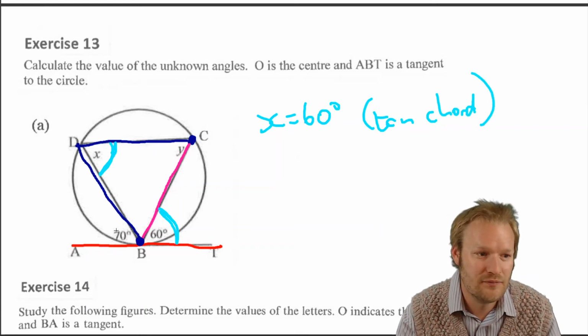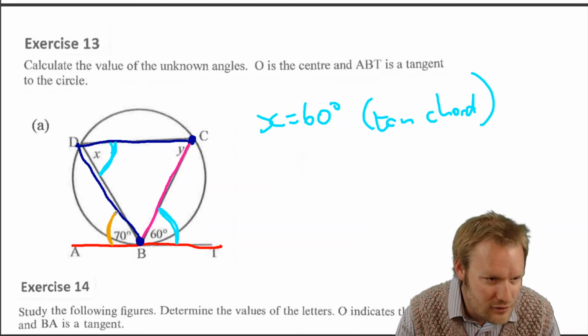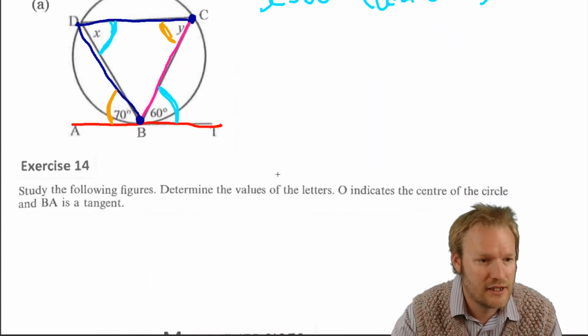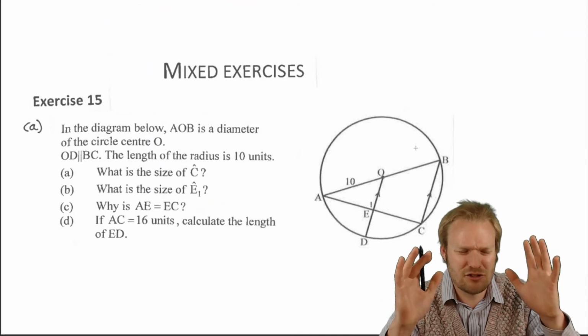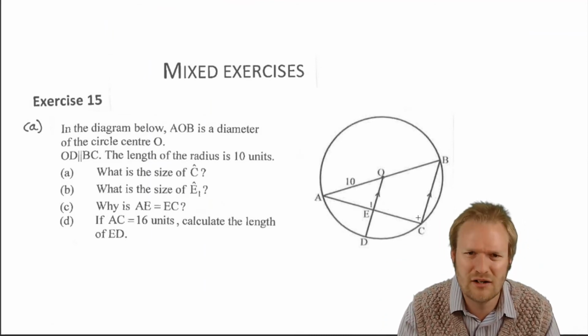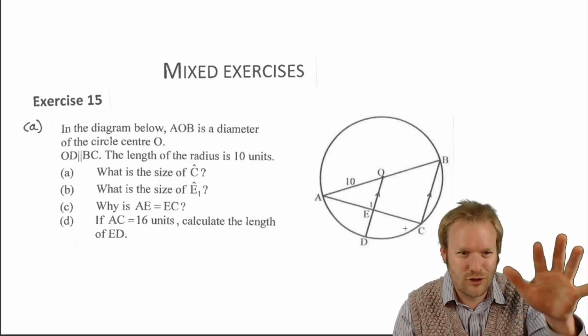Then 70 degrees, well, that's y. Without drawing it all in, it's across on that side. And there it is. Exercise 14, go for it a whole lot. Exercise 15, this is the heart of where we want to be, so try a whole lot. Look at this: parallel lines, corresponding and alternate angles, and the other one, cone area.